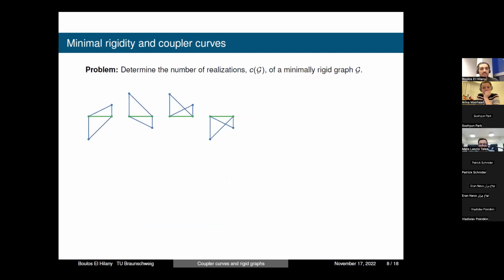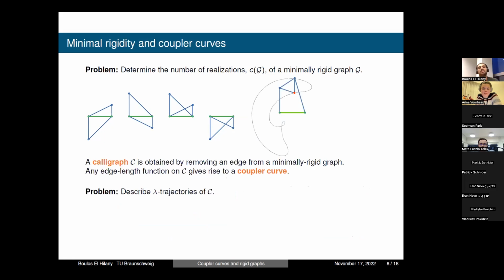So let me summarize. Until now I introduced two problems: one about realizations of minimal rigid graphs, and another about describing the coupler curves given by Calligraphs, which are obtained by removing one edge from a minimal rigid graph.